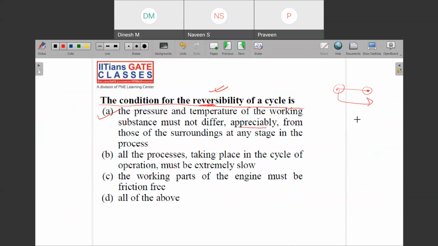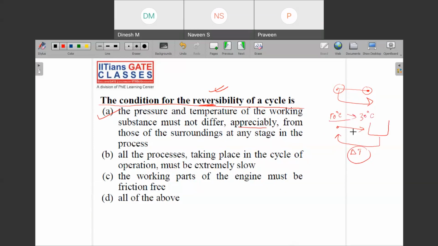Why? Let us say that you are giving some heat to the surrounding, but the same amount from the surrounding will not lead to the same type of delta T. Let us say you were at 10 degrees Celsius and you lost some heat and reached 3 degrees Celsius.